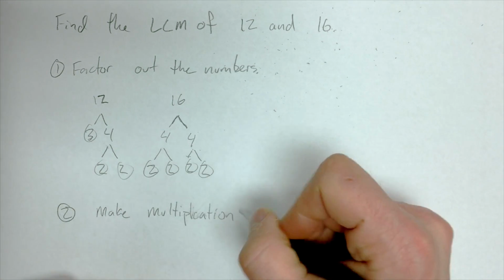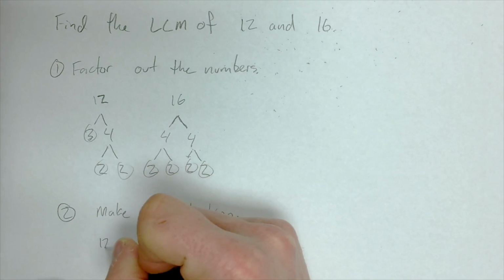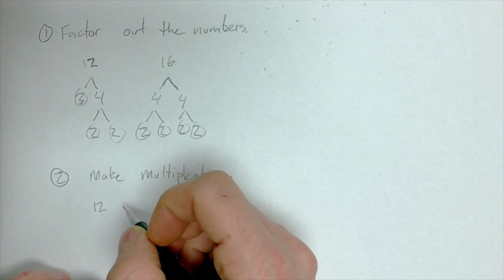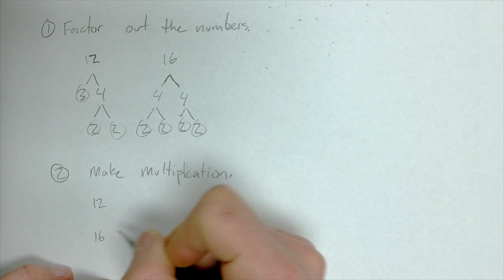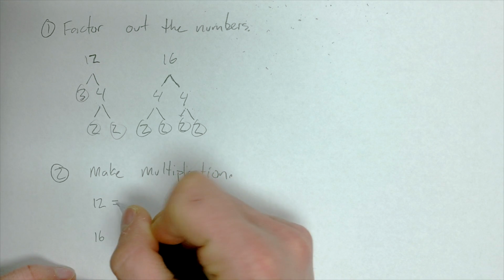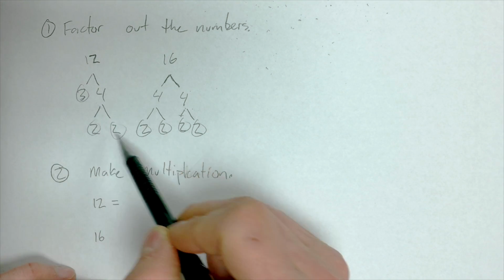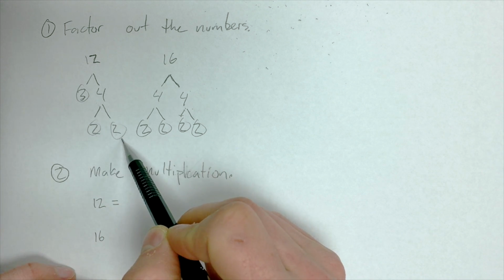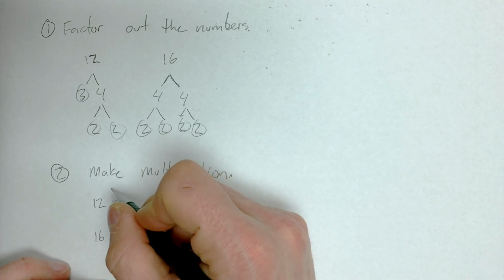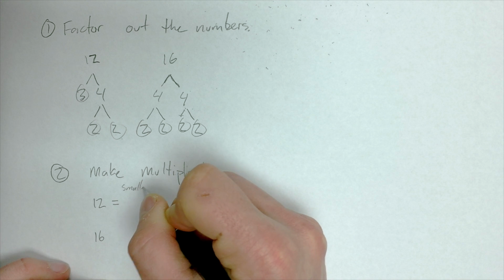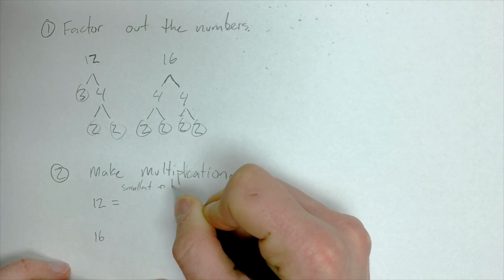Okay, so what I'm going to do is I'm going to take this 12 like this. I'm going to write 12, and I'm going to write 16. Okay, I'm going to say 12 equals, what does 12 equal? A 2, and a 3. We always go smallest to biggest.